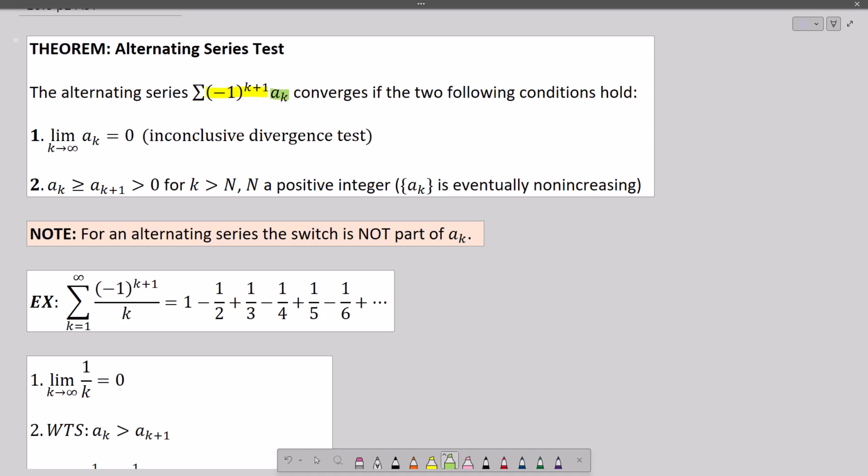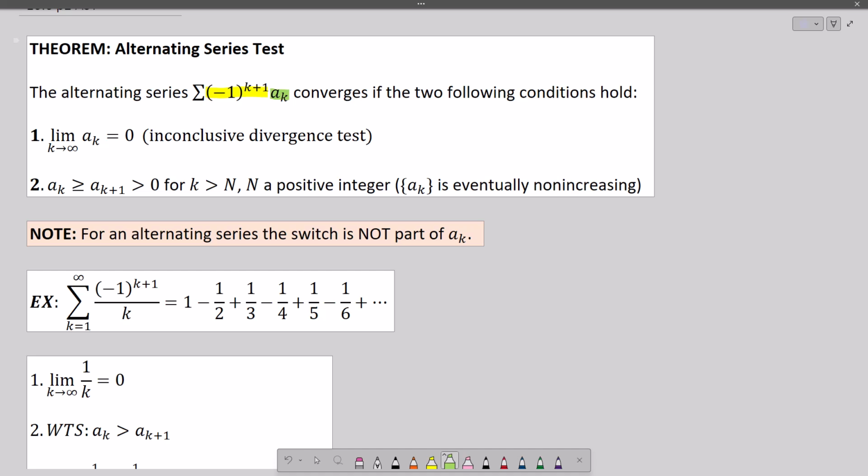The first piece that we have to get really clear in our mind is that the a sub k does not include the minuses. The a sub k is the positive part of each term. It's the magnitude of each term. So we're distinguishing between the sign and the magnitude of the term. When we look at this, a sub 1 is 1, a sub 2 is 1/2. The minus is not included in the sequence of a's.